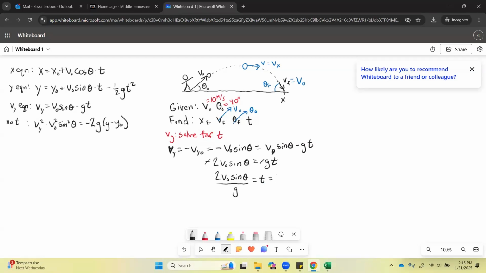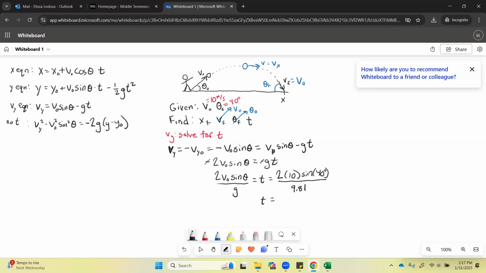Okay, so we'll plug in numbers. 2 times 10 times the sine of 40 degrees, and then we divide that by 9.81. How many seconds does it take for the ball to hit the ground? Oh, and in this situation, you want to use degrees and not radians.